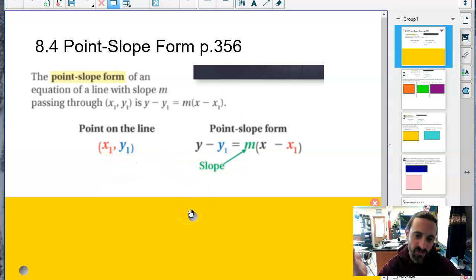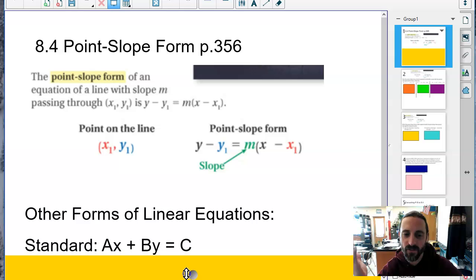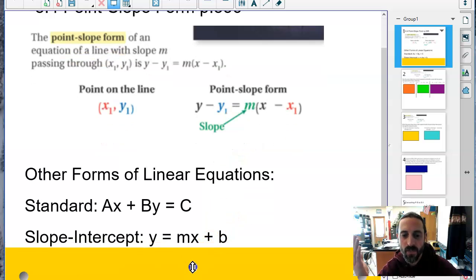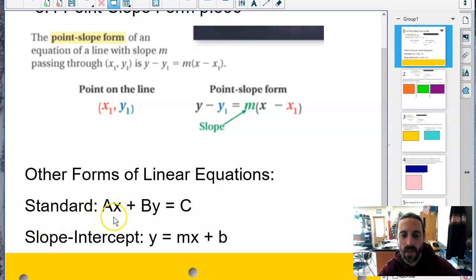So what does this have to do with anything? Well, let's compare it for just a moment to these other forms of equations. We've talked in the past about standard form, ax plus by equals c, where a, b, and c are values. And in all of these examples, x without the little subscript represents an input or some kind of independent variable.